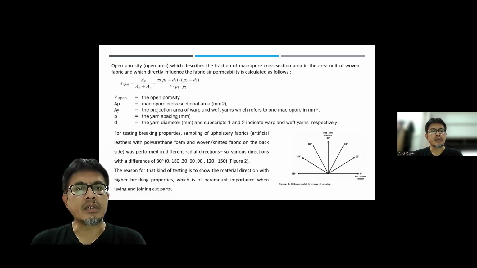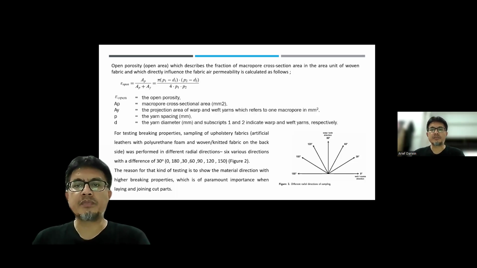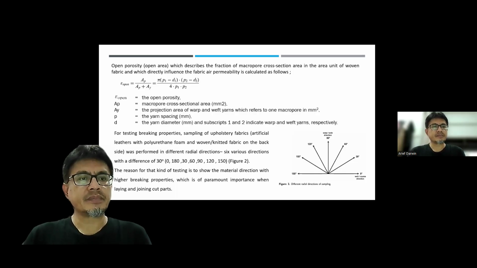from the macro pores cross-sectional area divided by the macro pores sectional area itself plus the projection area of the warp and weft yarn, equals the 1 macro pores in millimeter square.